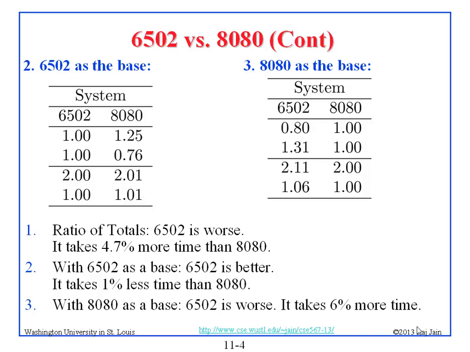By the base, everybody understands what a base is. Whatever goes in the denominator is called the base. So here 6502 is the base. Here 8080 goes in the denominator. We take that number and put it in the denominator, and so on and so forth.